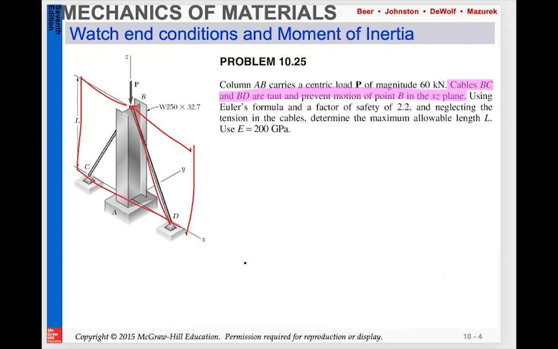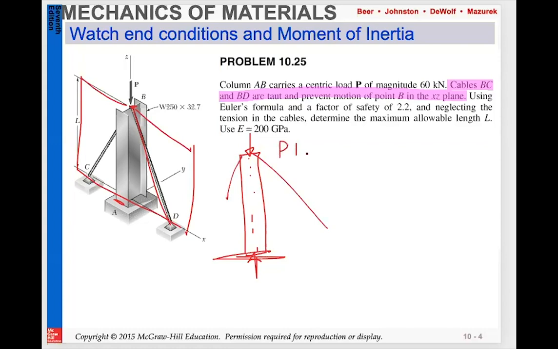So if I draw a side view here, this is the dots for the web underneath this part. This end is fixed, as you can sort of see here. And at this point, because of the ropes, this acts as a pin.